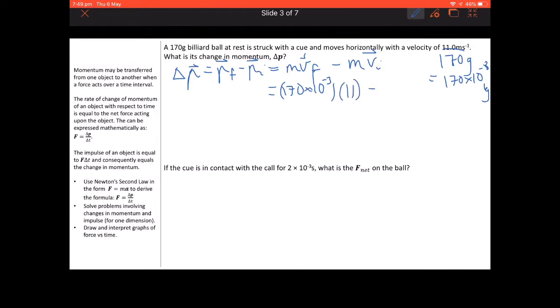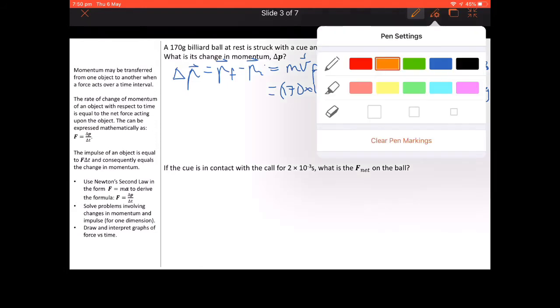second minus the mass, and then times the initial velocity, which is 0. Because this is times by 0, that whole term will cancel out.